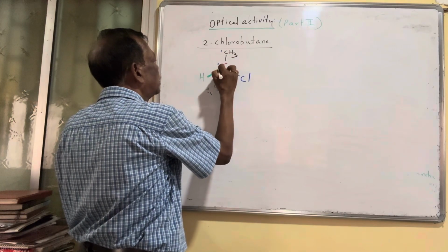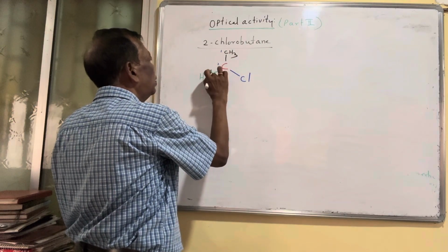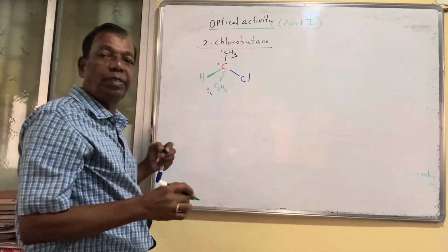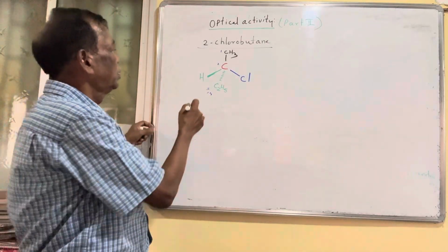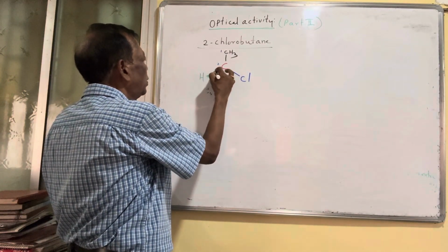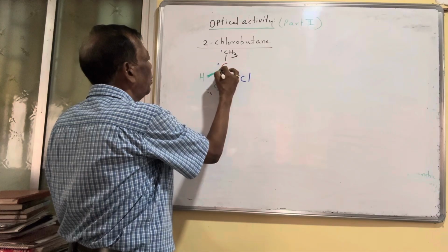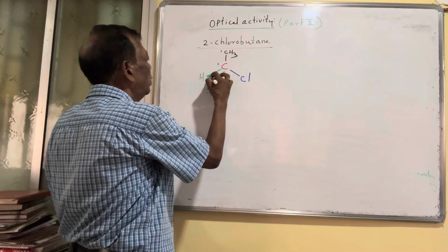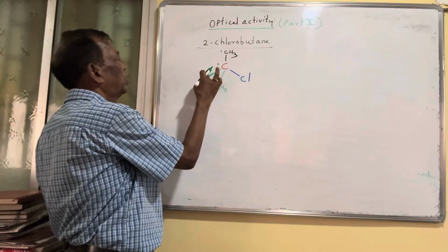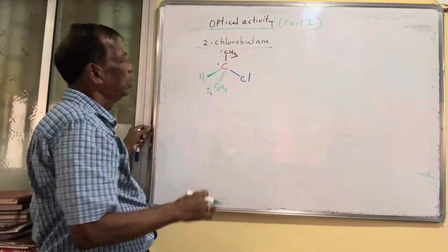This is called the wedge structure. So this is facing towards you. Remember this hydrogen, a little thick.